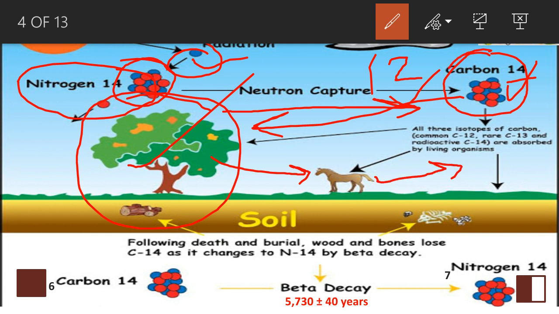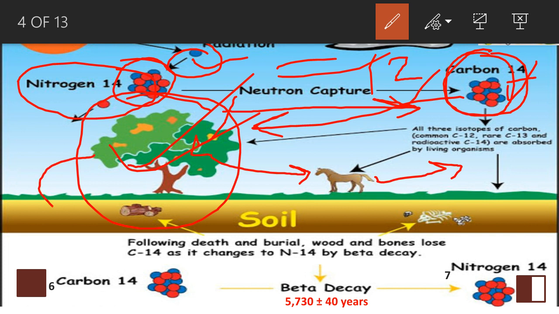So the radioactive isotope which was formed by the cosmic radiation now gets trapped in the process of photosynthesis, and the proportion of carbon trapped by photosynthesis and the trapped carbon in the various living matter is always proportional to the number which is present in the atmosphere.